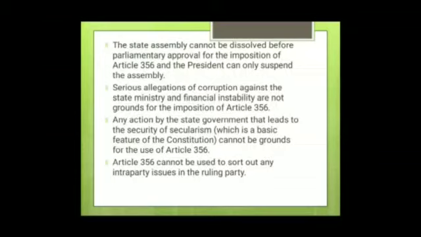Many people died in that, and because of that, on 5th December 1992, through Article 356, state emergency, the President issued a proclamation, and in states like Madhya Pradesh, Rajasthan, Himachal Pradesh, the governments were dismissed. So the President at that time observed that all these states were not obeying the principle of secularism, and secularism is an important principle of our constitution.